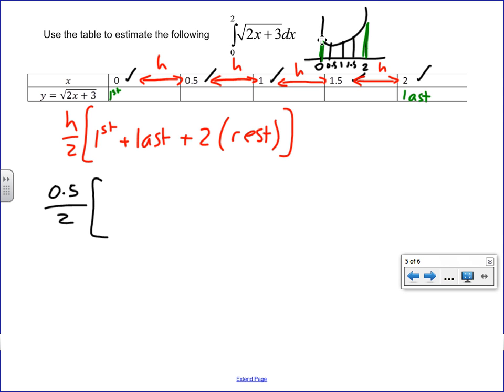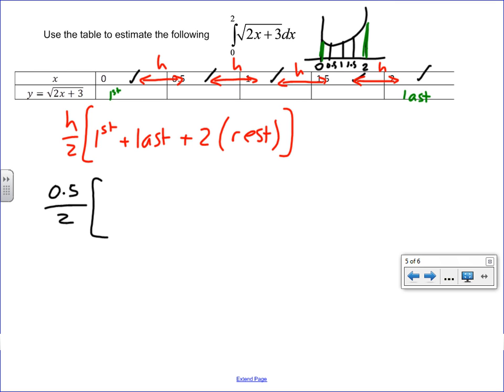So how do we get all of the heights? We need to put the x values that we have into that equation. So if we put 0 in as x, we get root 3, which is 1.732. And what are we putting in now? 0.5.